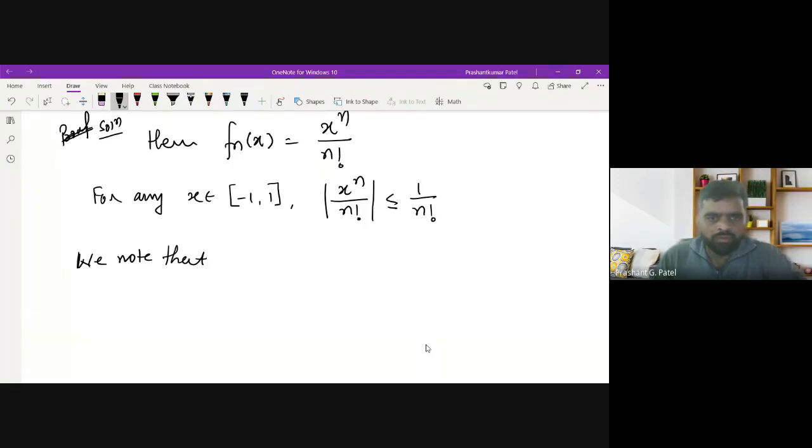There are many ways to prove that summation of 1 upon n factorial is convergent. So one of the ways is this. We know that 1 into 2 is greater than 2. 1 into 2 into 3 will be greater than 2 into 2.